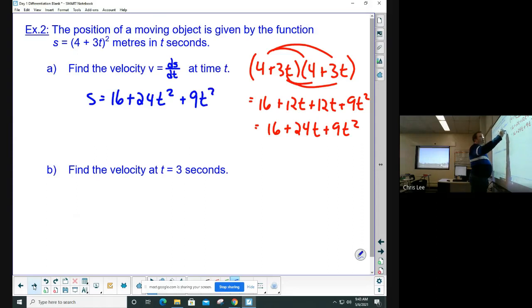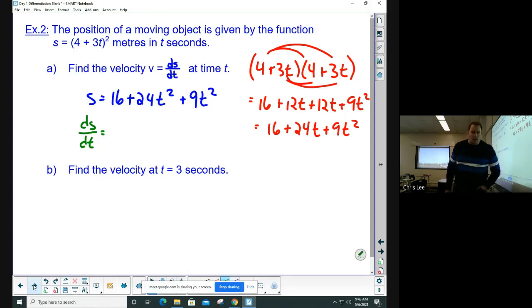And this I can differentiate much easier than what I started with. So again, I'm staying in blue because I haven't done the calculus yet, but now I'm going to do it here. Now I could have said S prime, that's one notation, but this is the other notation, ds by dt.